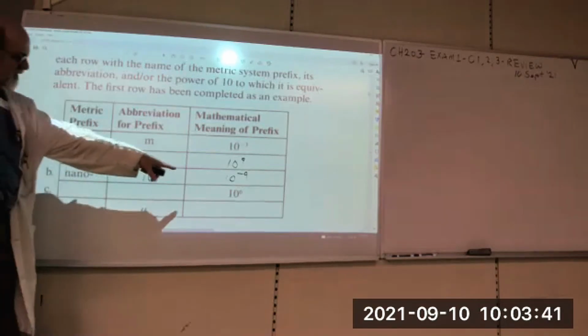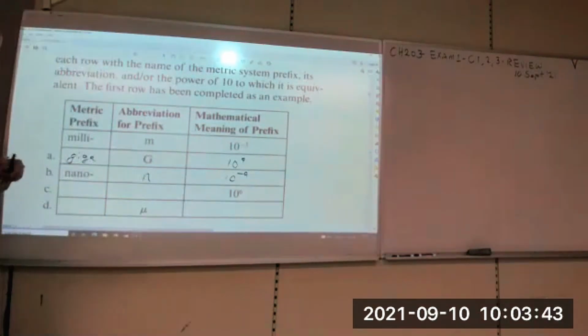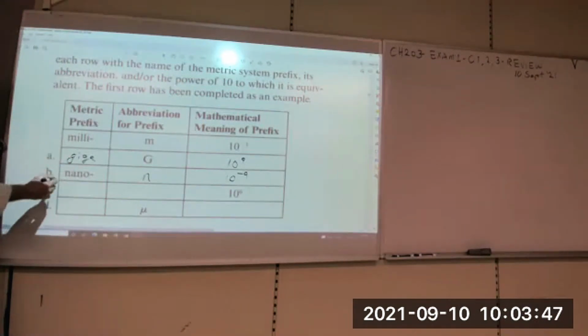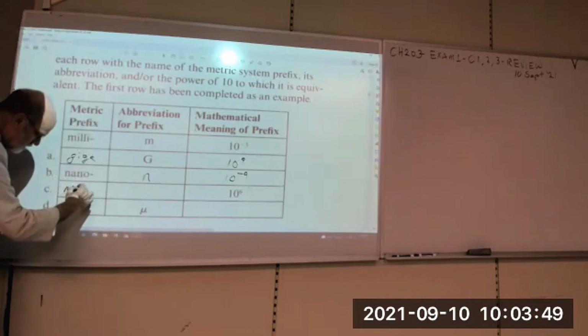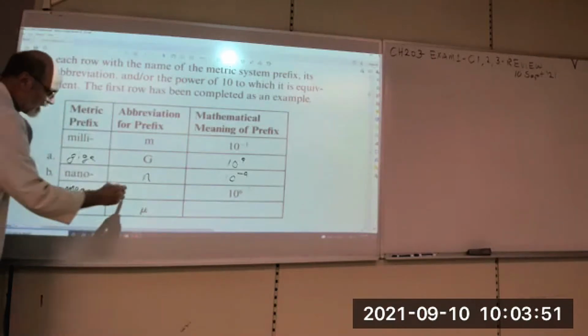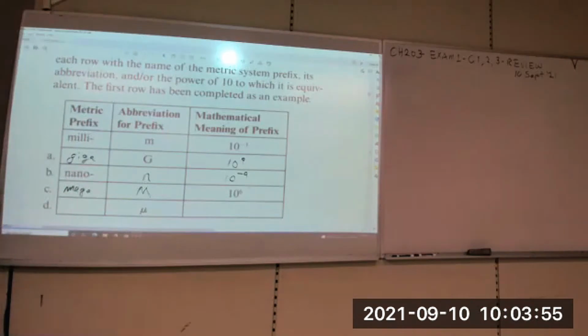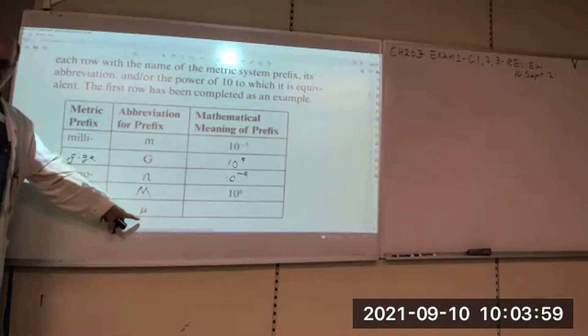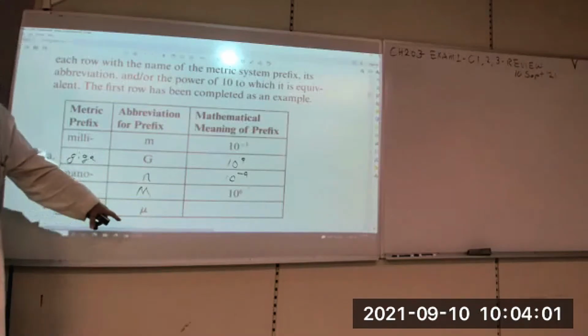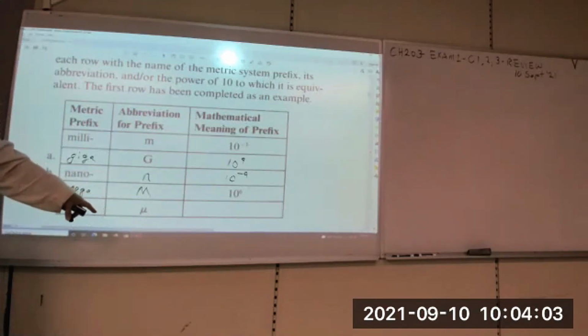Okay, so we're going to start from this end. 10 to the 6th. If this is a giga, 10 to the 9th, 10 to the 6th is a mega. And it has a big M prefix. And this little squiggly thing that looks like a U is actually a Greek letter mu.